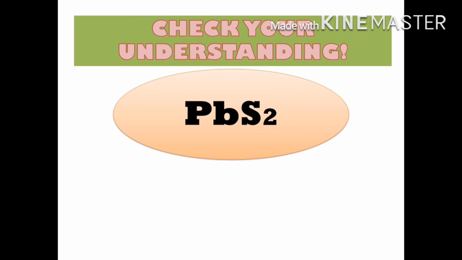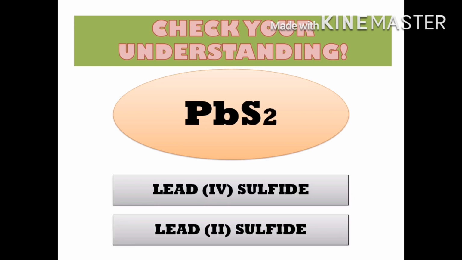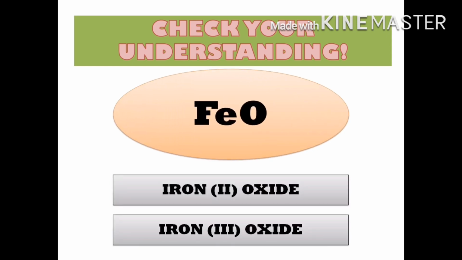Which of the following do you think is the correct name of this formula? PbS2. And if your answer is lead 4 sulfide, you're great! Which of the following is the correct name of this formula? FeO.